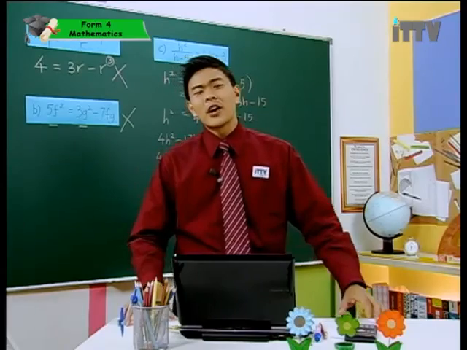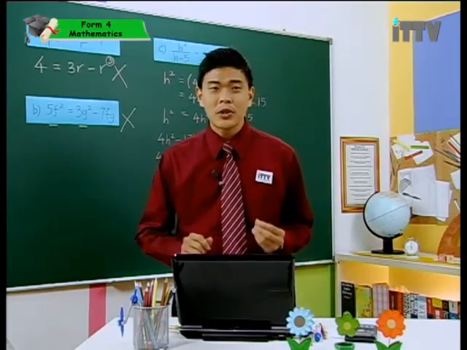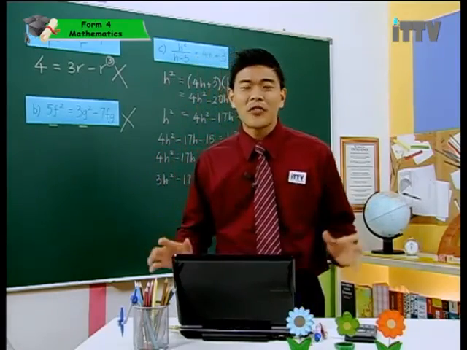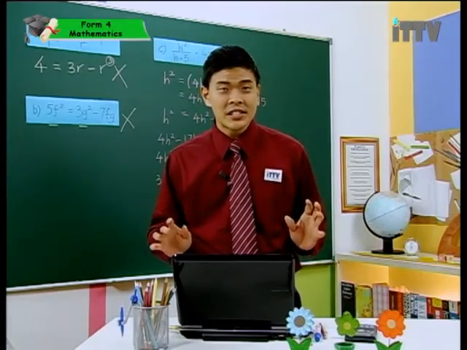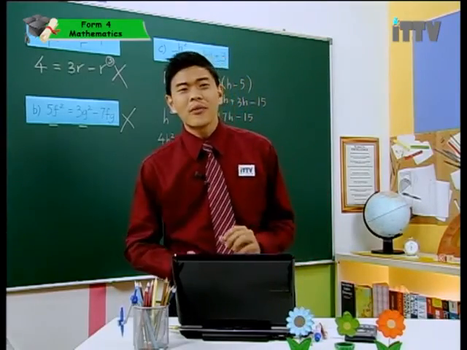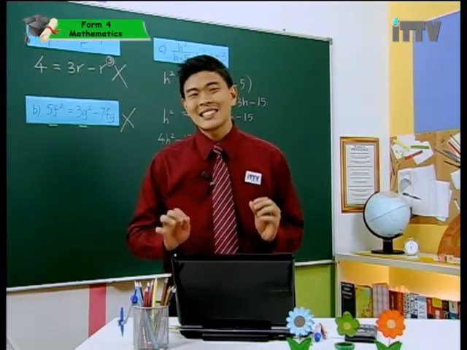So guys, we have now come to the conclusion of lesson 7 of chapter 2, and let's review what we have learned today. We have learned about quadratic equations. And don't forget, it is different from quadratic expressions because of the equal sign. Everything else is the same.